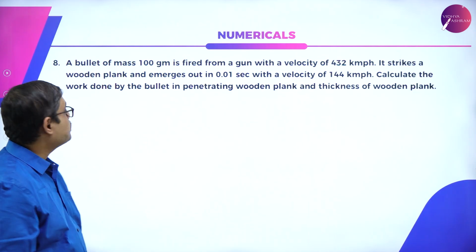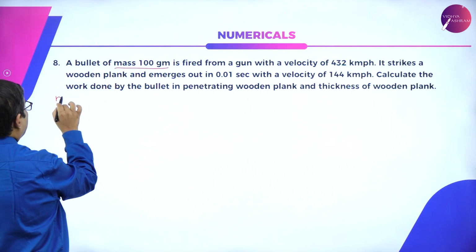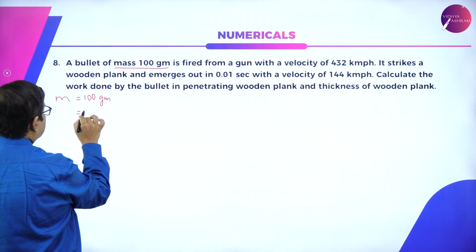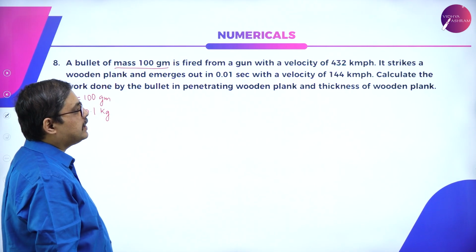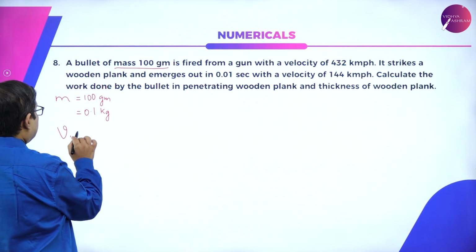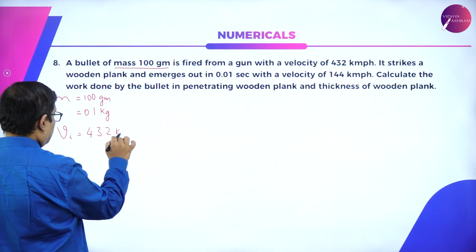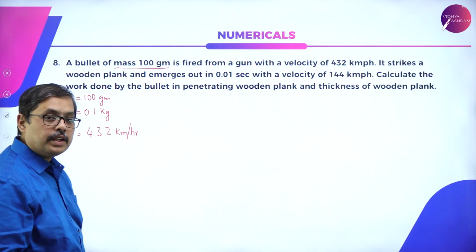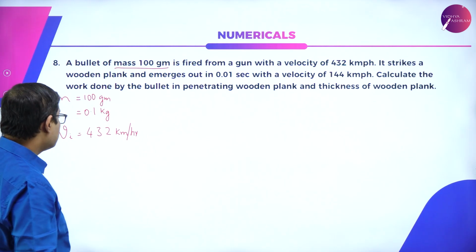Let me have a look at the next problem. A bullet of mass 100 gram, or 0.1 kg, is fired from a gun with a velocity of 432 km per hour. The initial velocity is 432 km per hour. Please note that we use meter per second as the unit for velocity, so please convert it.